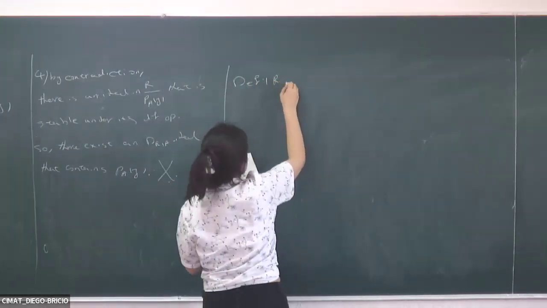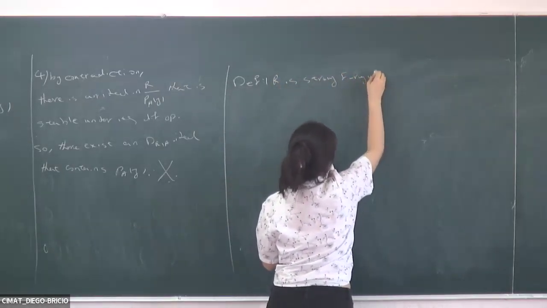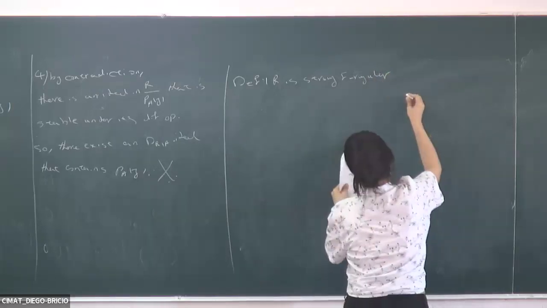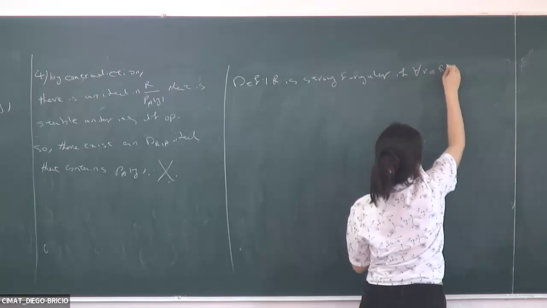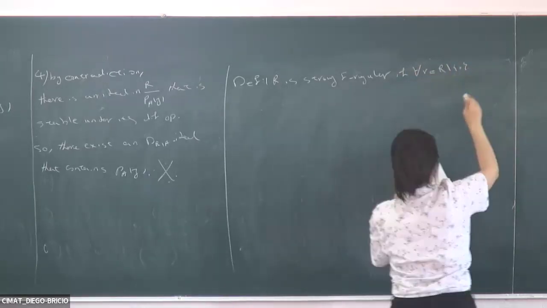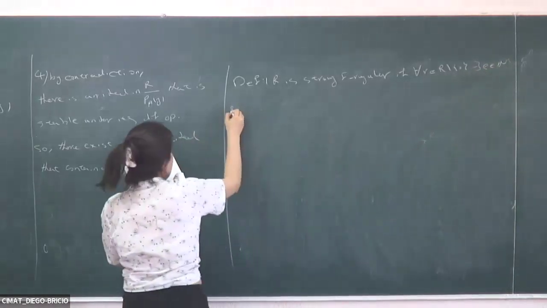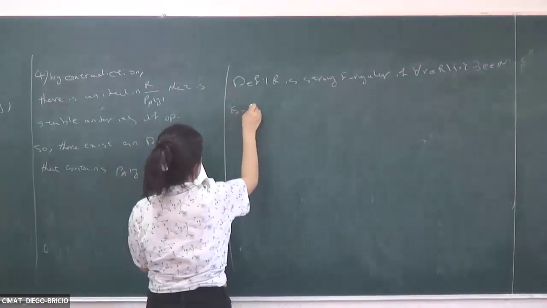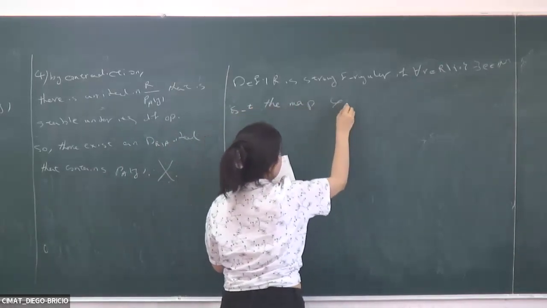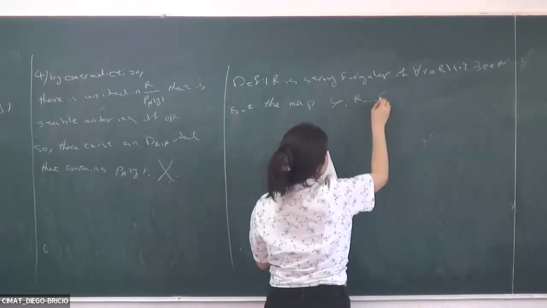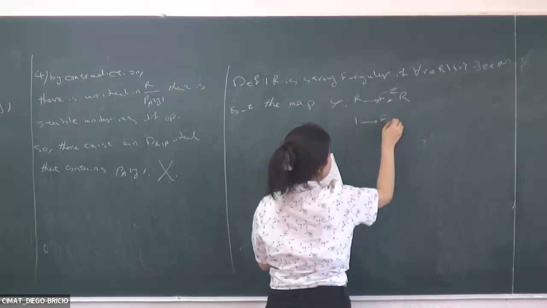We say that R is strongly F-regular if for every r in R minus zero, there exists n in N such that the map from R to R^(1/p^n) is split.